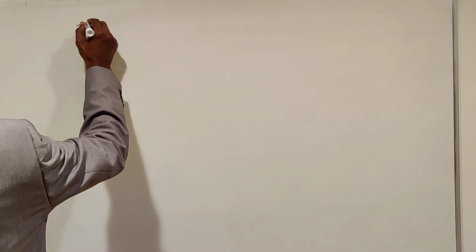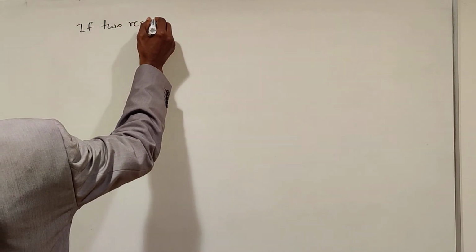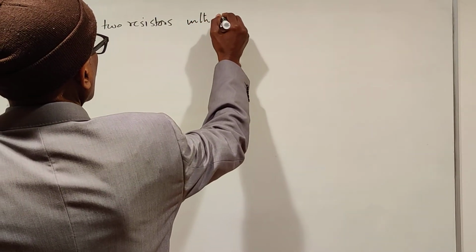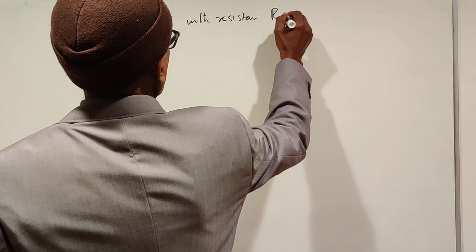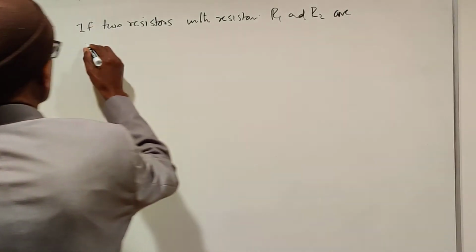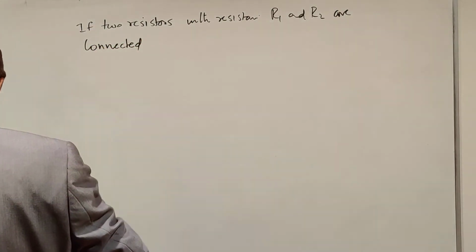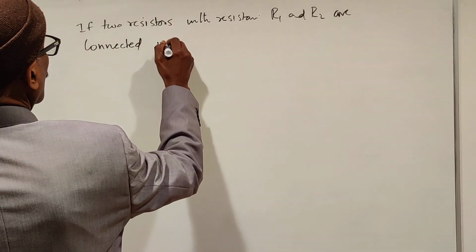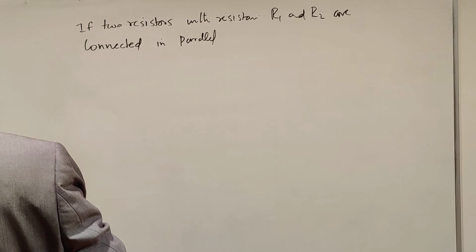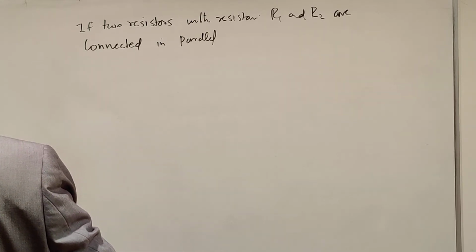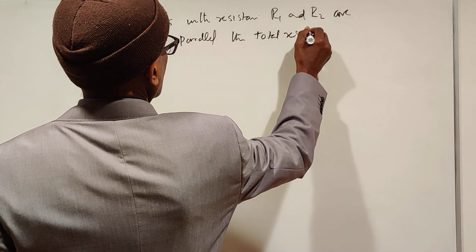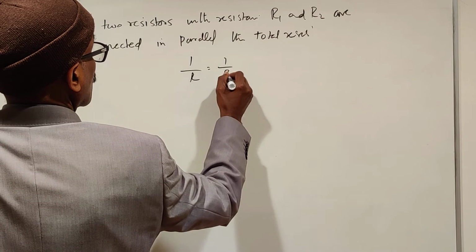If two resistors with resistances R1 and R2 are connected in parallel, then the total resistance R, that is in physics, 1 by R is equal to 1 by R1 plus 1 by R2.